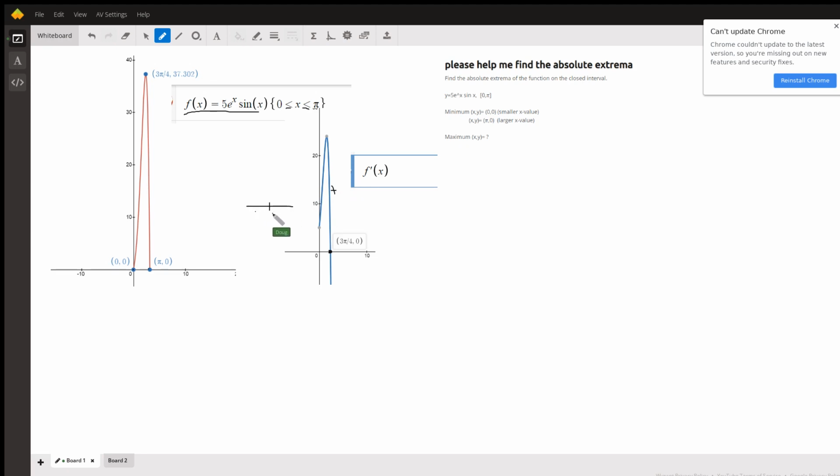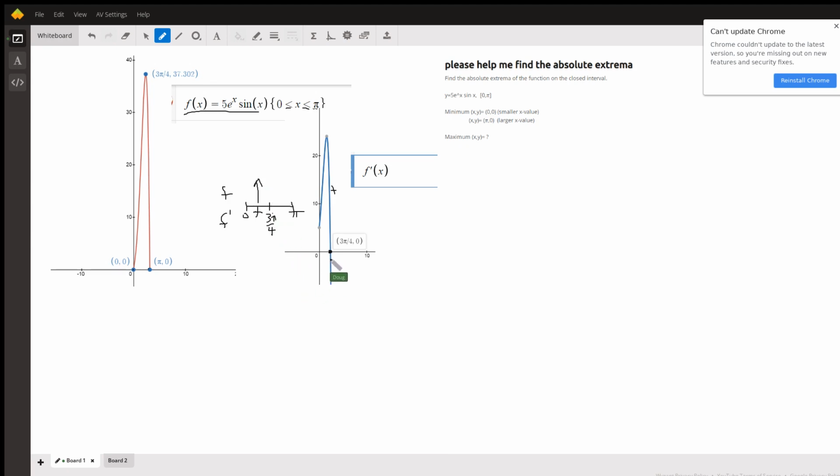So if I put 3 pi over 4 on the number line like this, applying the first derivative test, I've got a 0 and a pi here. The sign of f prime tells us whether the original function is increasing or decreasing. So positive here, increasing.